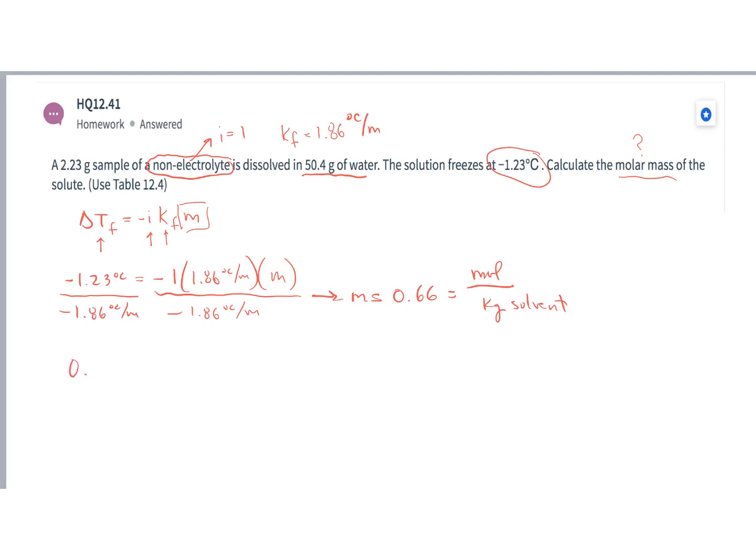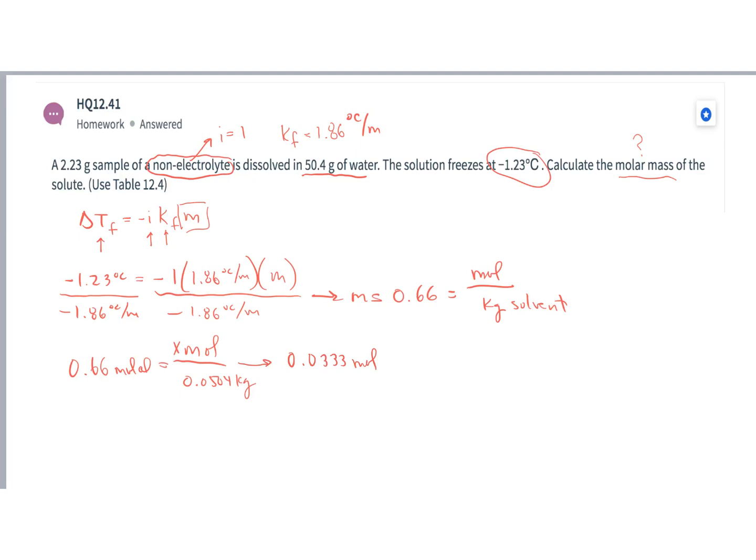I've got a 0.66 molal solution, I want to find x moles, and I know that solution is 0.0504 kilograms. So we multiply that across, and we get approximately 0.0333 moles of our unknown non-electrolyte in solution.